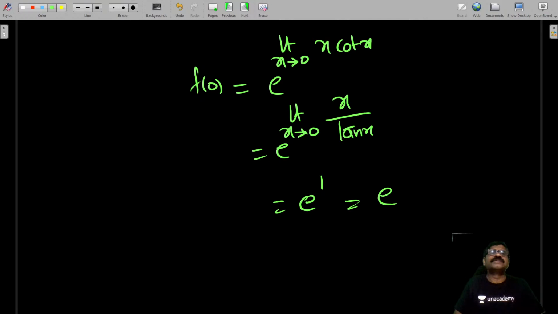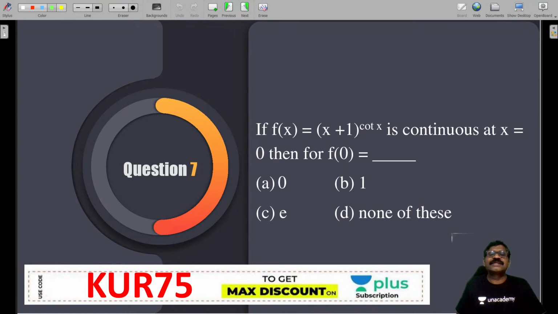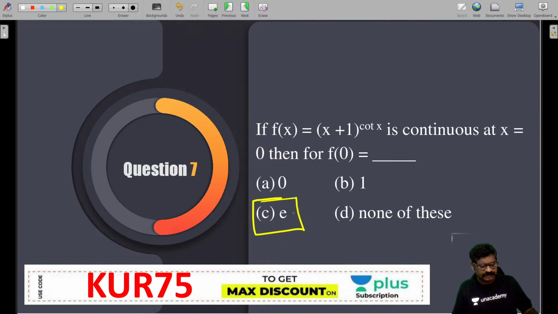That is e. Therefore, the value of f of 0 is e. So, correct answer is third option. Understood? Next problem.